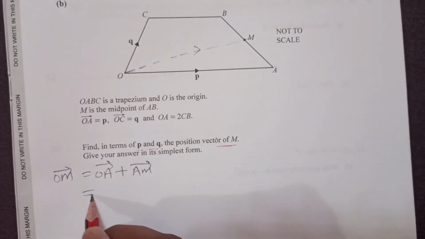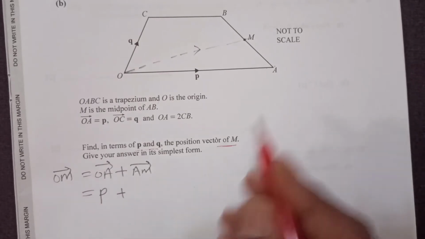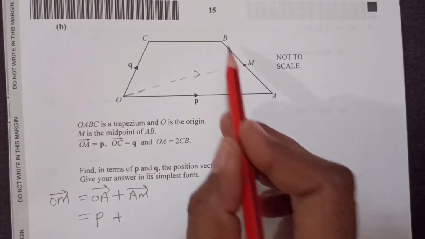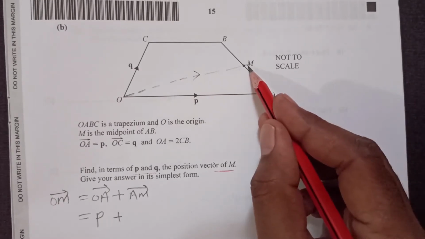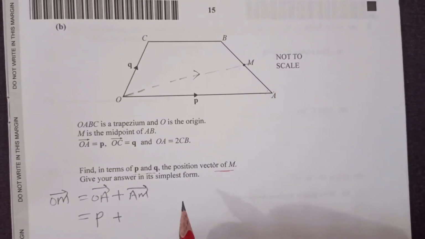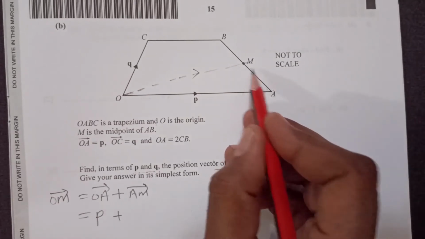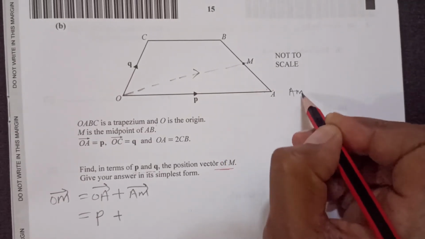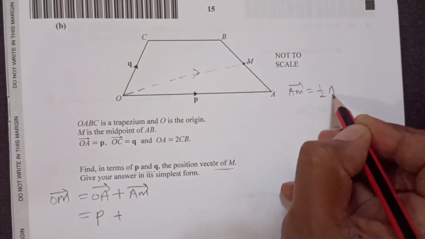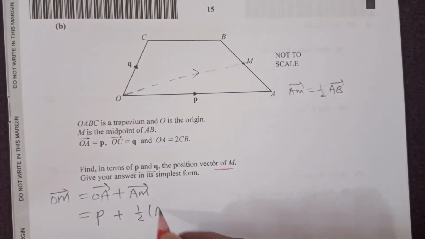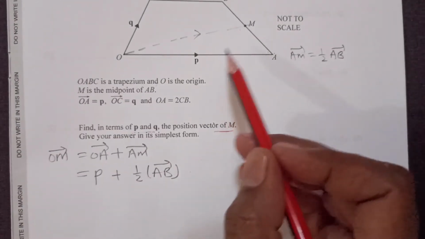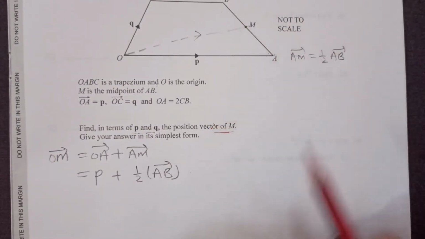What is AM? M is the midpoint of AB, so AM is half of vector AB. Now we need AB in terms of p and q.